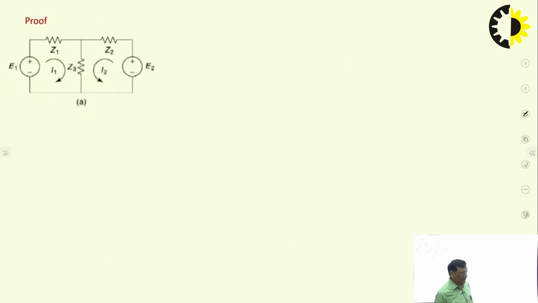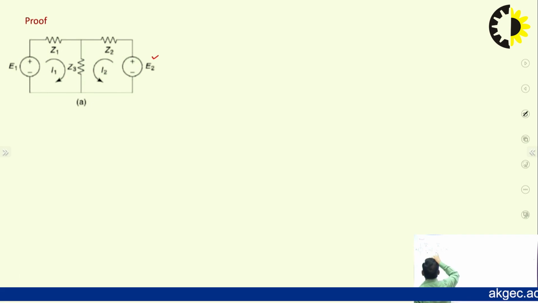Now, the proof. Take a very simple resistive network containing two energy sources E1 and E2, and these energy sources are ideal in nature. Suppose I want to find the current through any branch of the network. What I have to do is first find the current through any element of the network when both the sources are acting together.